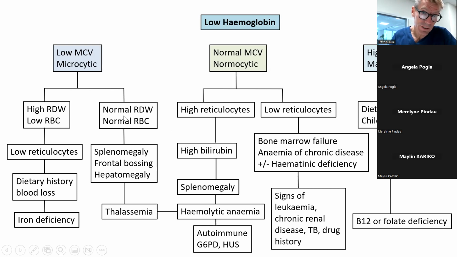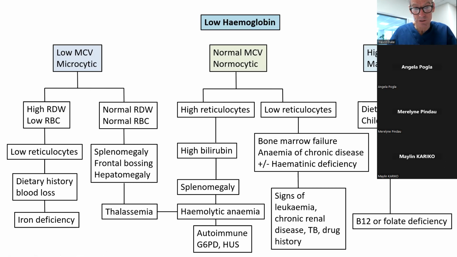But if you see that the red cell distribution width is normal and there's a normal RBC, then you start thinking that the child might have thalassemia. That's because in thalassemia, the bone marrow is typically making new red cells, so you often have the right number of red blood cells, and they're not very abnormal.